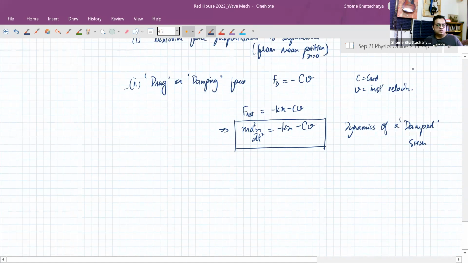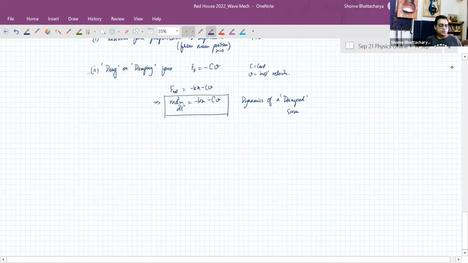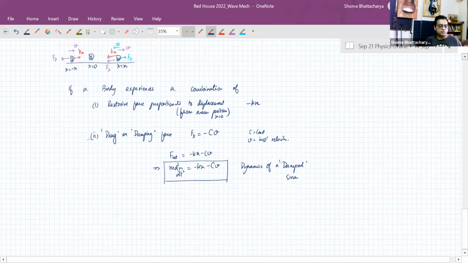So just note down this basic equation first, then we'll discuss the solution of it and x as a function of time.